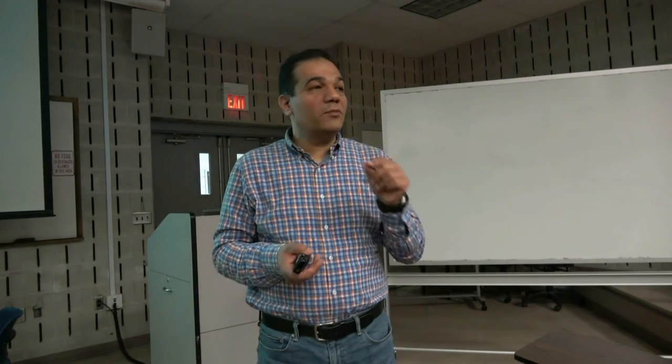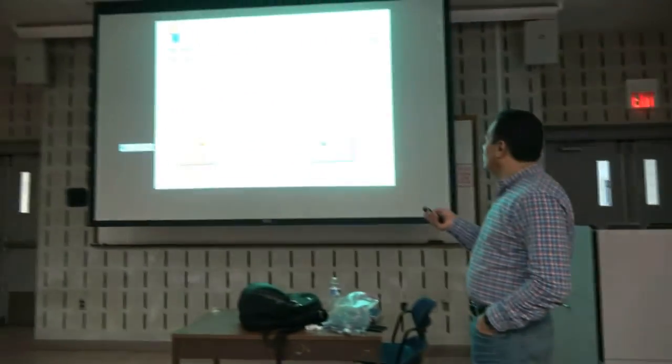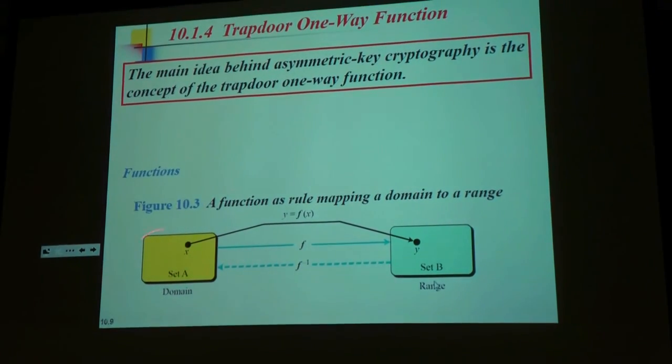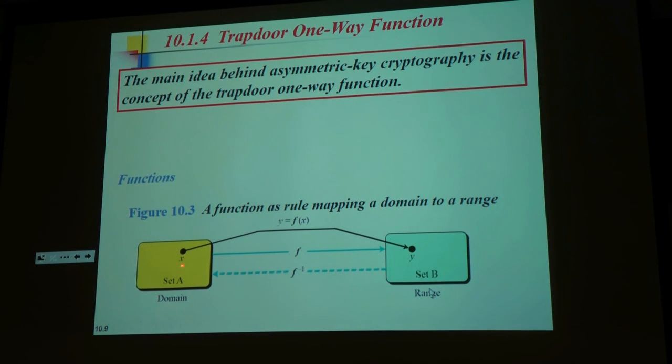What does a one-way function mean? You can go from x to y, but you cannot go from y to x. For example, a function is a rule mapping a domain to a range. We have a domain with elements, and a range with elements. So we can go from x to y, for example, y equals a function of x.